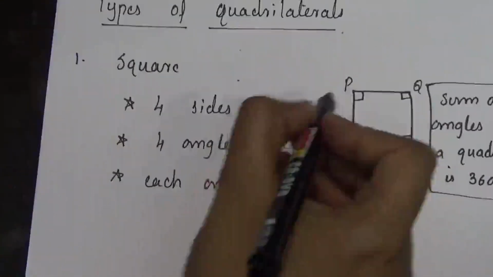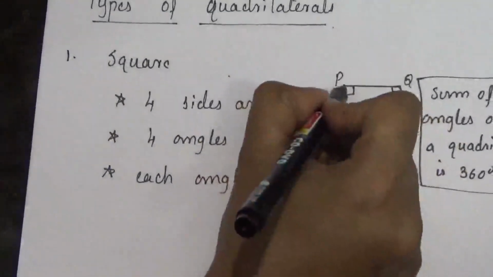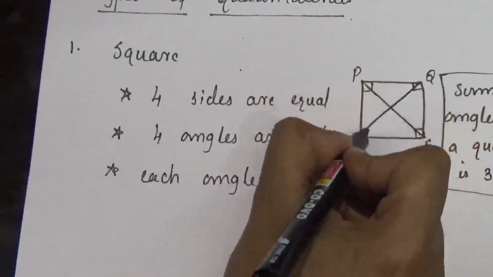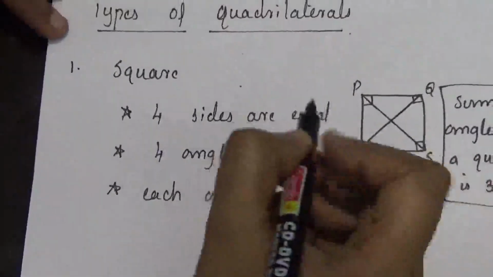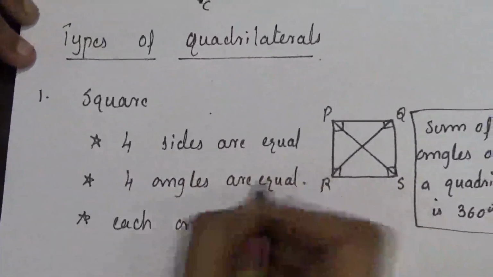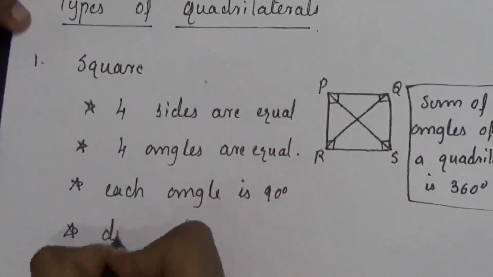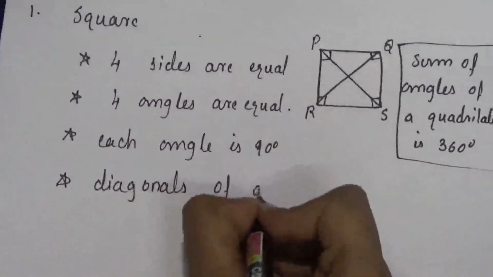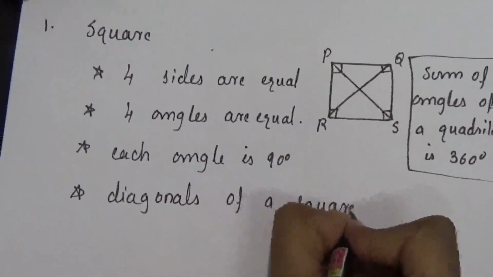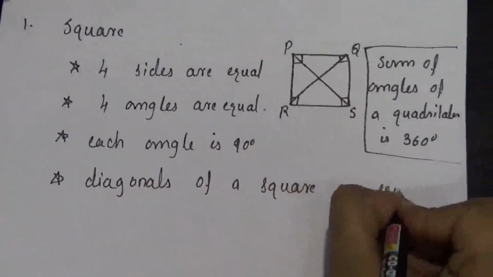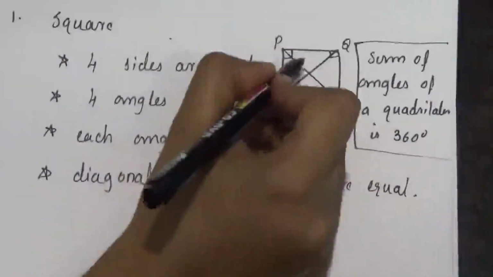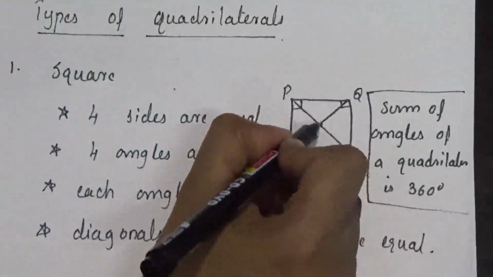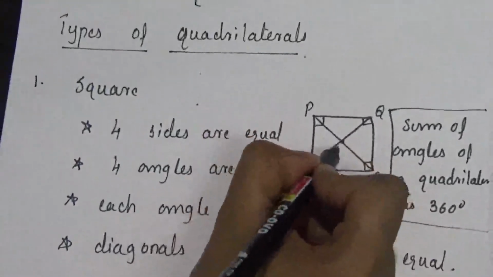Okay, and we can draw the diagonals of this square. PS and QR are the diagonals of a square, and you can see that the diagonals of a square are equal. And you can see that these two diagonals intersect at this point, isn't it? So this will be the midpoint of each diagonal.